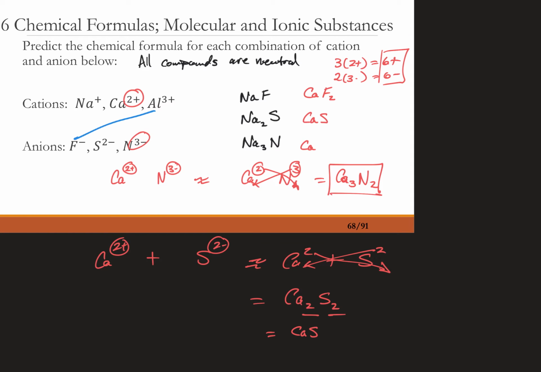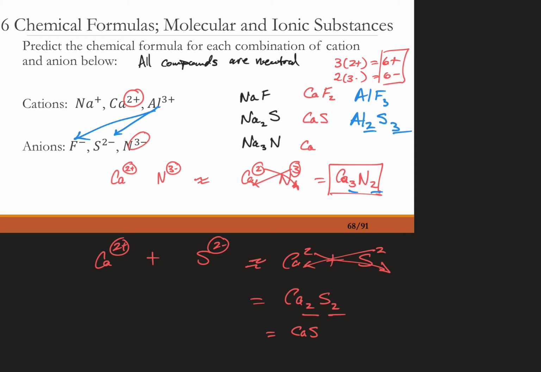And then with aluminum, you have the 3 plus, so it'll be aluminum fluoride, AlF3. Aluminum and sulfur will do the same thing, Al2S3. Notice this was 3,2, this is 2,3. It's just switched because the fluorine now has the 3 and the sulfur has the 2.